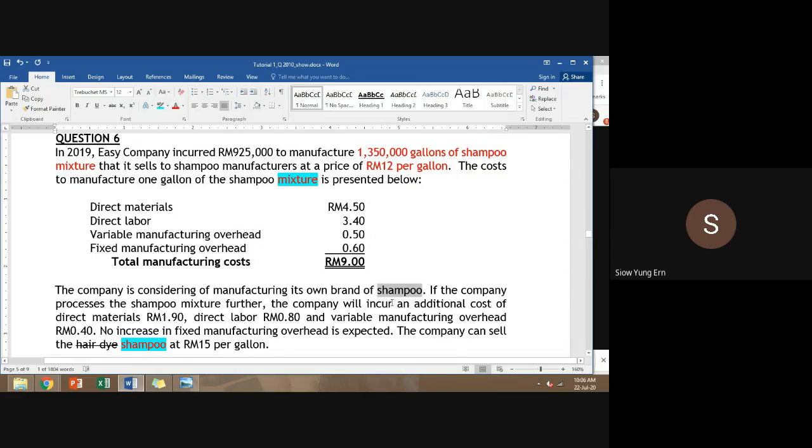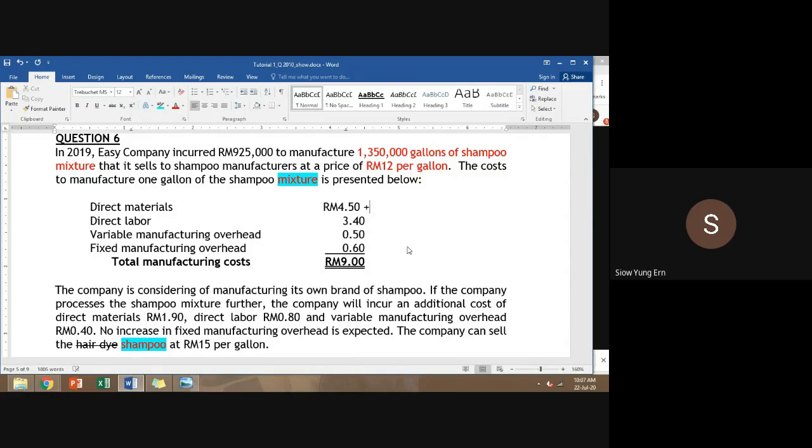If they do not process further, they will sell shampoo mixture. So if the company processes the shampoo mixture further, the company will incur an additional cost. Okay, so they've given you direct material will have additional 1 ringgit 90 cent.